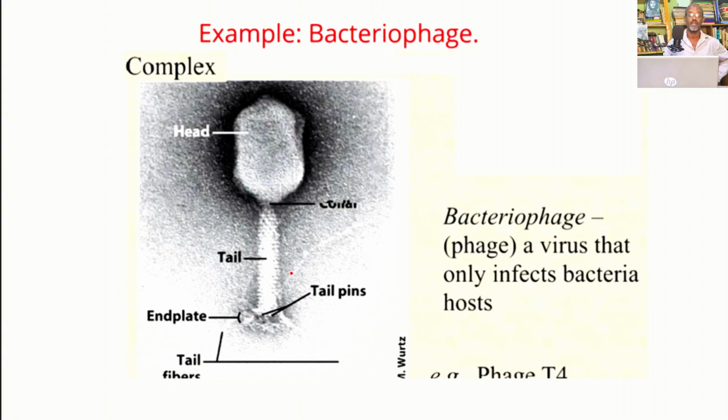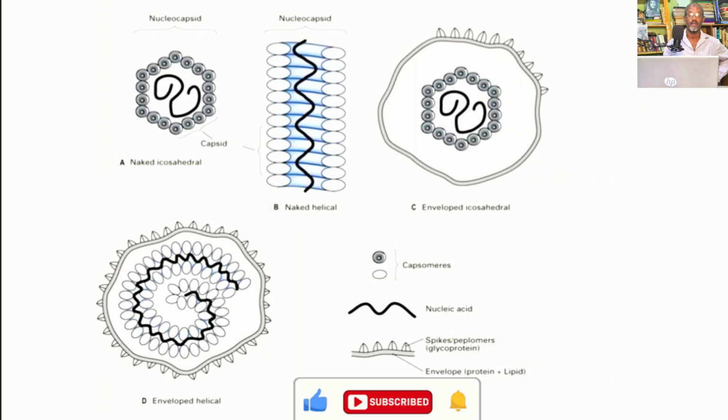You can see examples here. The first one is icosahedron. This is a helical virus. This is also icosahedron, enveloped. This fourth one is helical but enveloped.